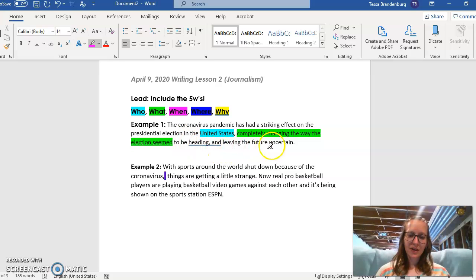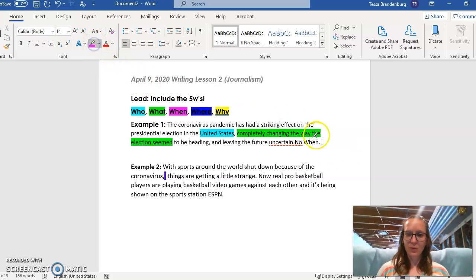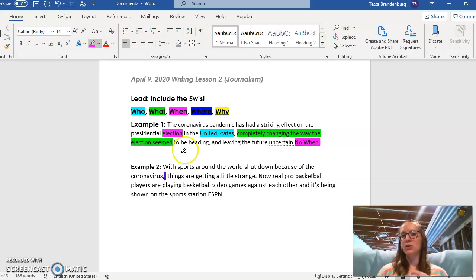Well, right now, right? So does it tell you when it's happening? Nope. So there is not a when. That's not good. So they should tell you, like, when that will happen. I mean, you could say, I guess the election could be the when, because the election is different, but it doesn't tell you when that's happening. So I would suggest putting the actual date in there.